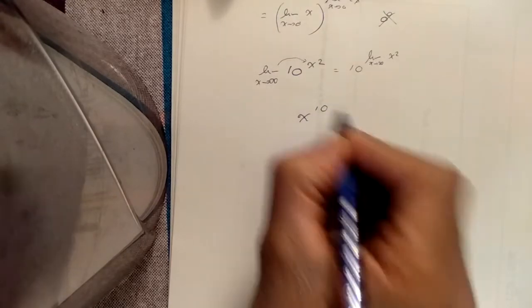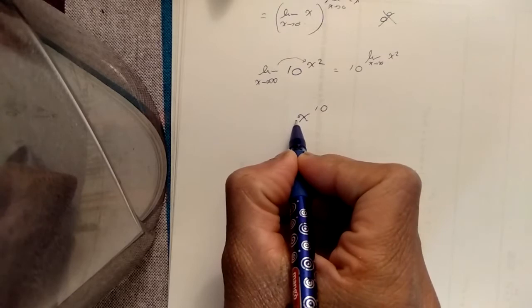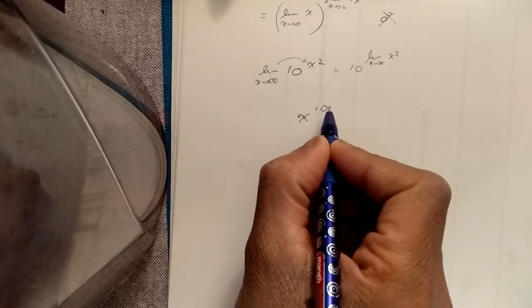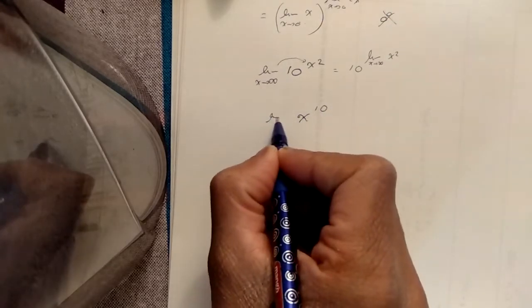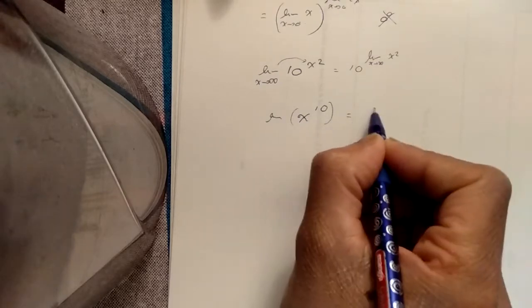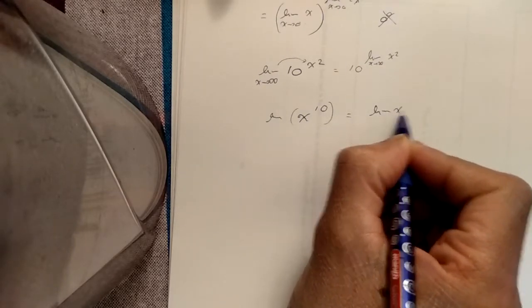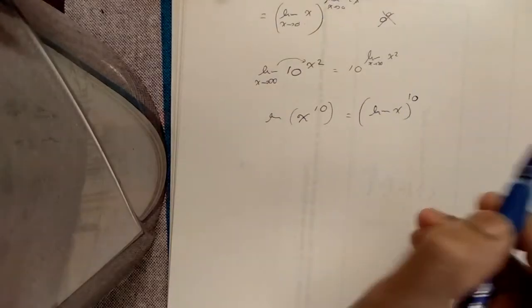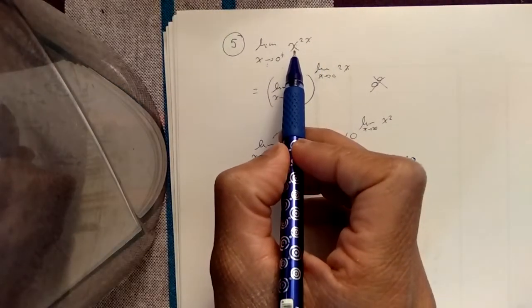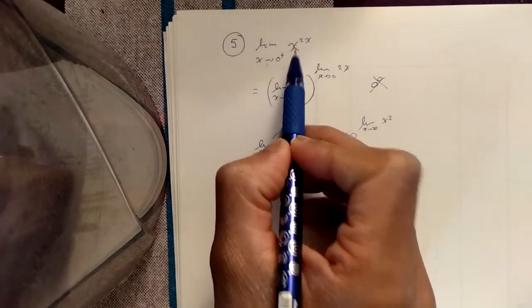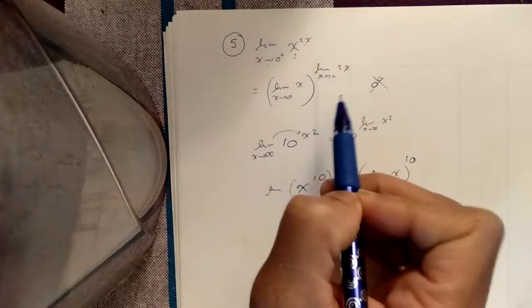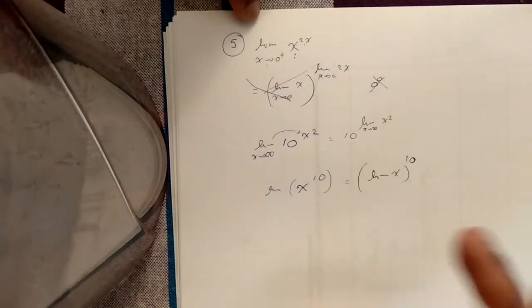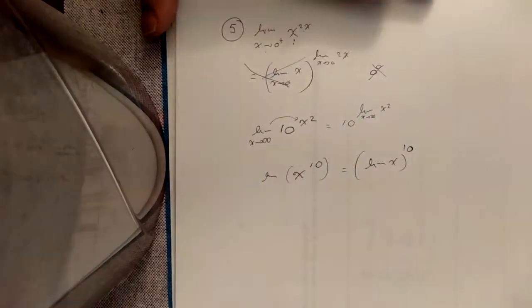If you have the variable in the base and a number in the power, you can just distribute the limit for the base only and keep the power as it is. But whenever you have the variable in both base and the power, you are not allowed to do so. So the trick we can use here is applying logarithm.